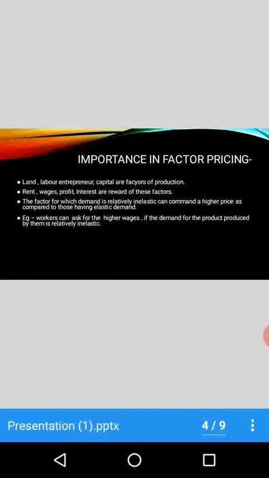It is expected in the law of demand that if prices are higher, demand is less, and if prices are less, demand is higher.